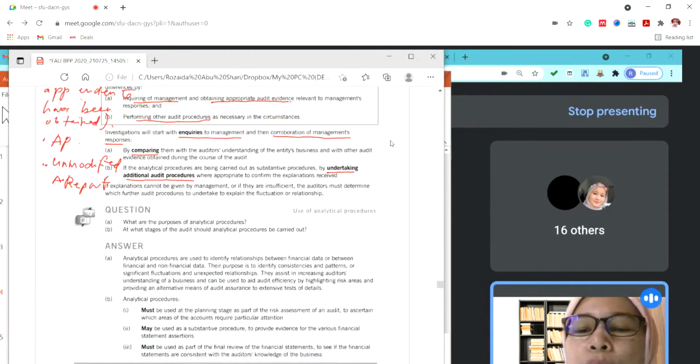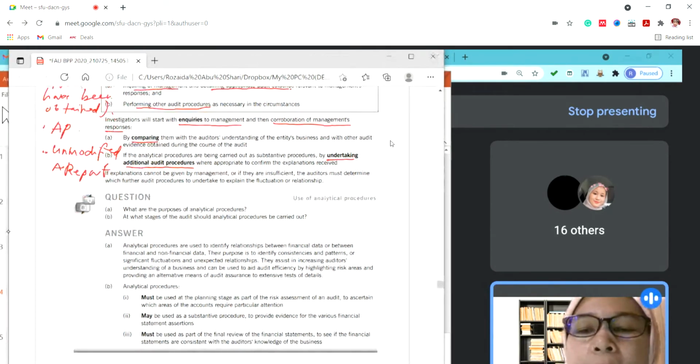So this is why I said just now, what is the purpose of analytical procedures? First, they are used to identify relationships between financial data or between financial and non-financial data. Second, their purpose is to identify consistencies and patterns or significant fluctuations and unexpected relationships.